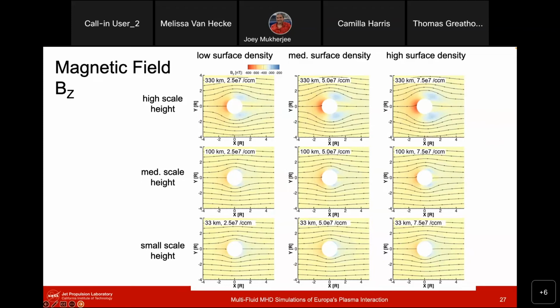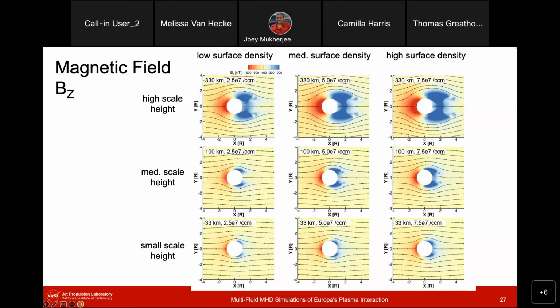But there are different combinations of the plasma density, and speed, and magnetic field that will give you roughly the same Alfvén wing structure. So, yeah, I think that's the same kind of problem that Kurt was getting at. But I think combined with other measurements, that would be a really interesting experiment.